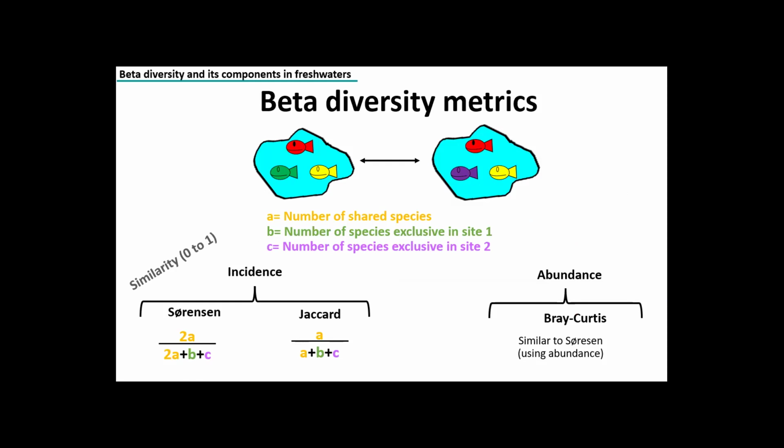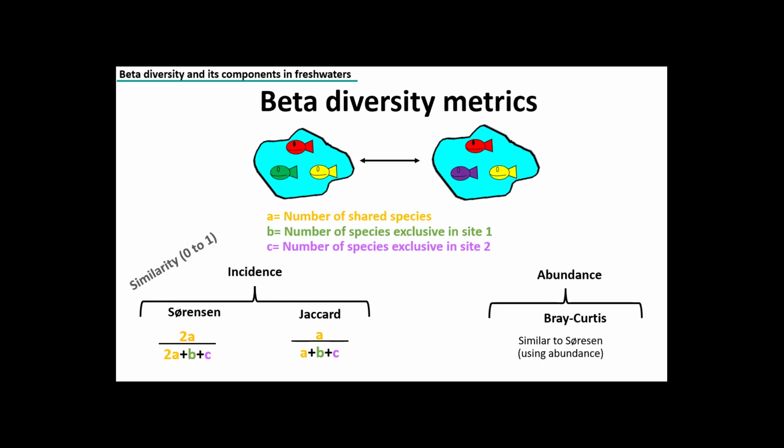Some of the most commonly used beta diversity metrics are Sorensen and Jaccard for presence and absence data, and Bray-Curtis for abundance data. For these metrics, 0 is a total dissimilarity, while 1 is a total similarity.